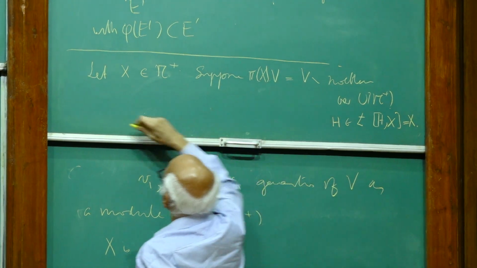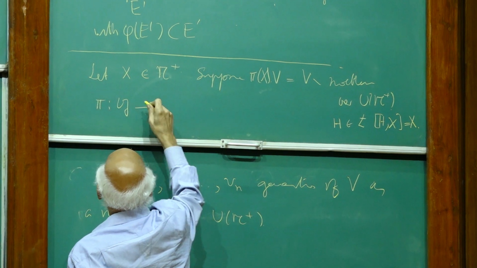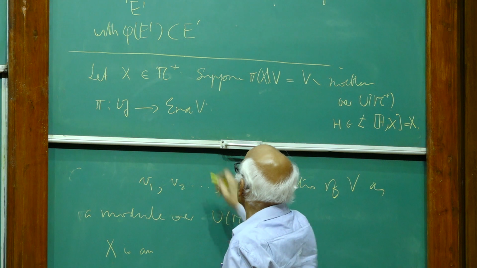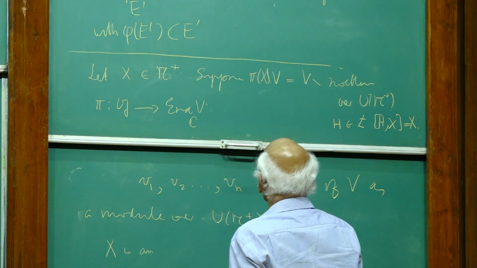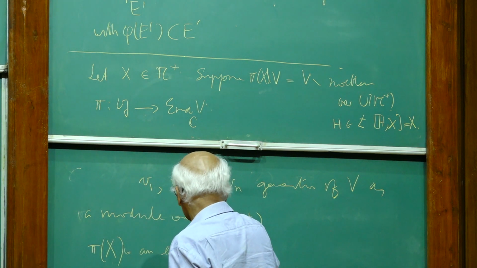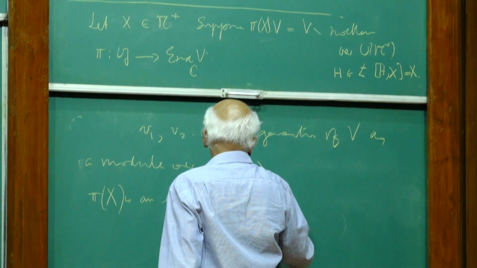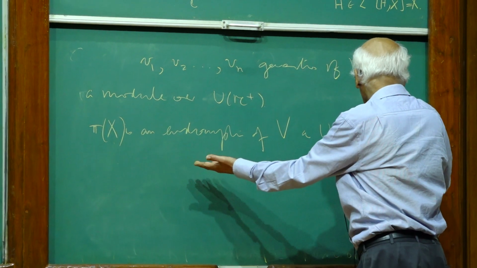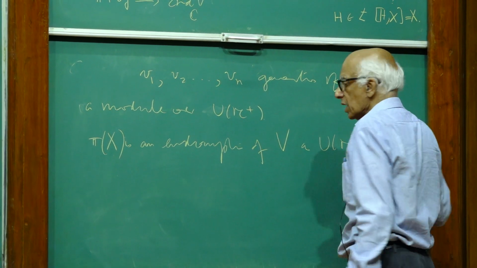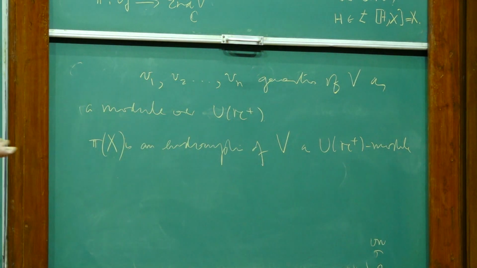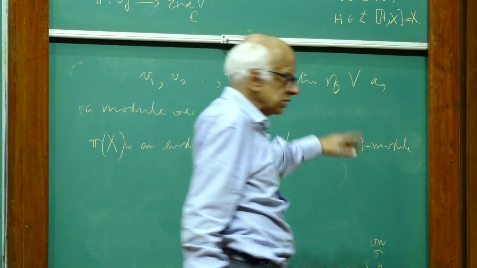Pi is the mapping from G, so pi x is an endomorphism of V as a U(n+) module. Here I am using the fact that n+ is abelian, so every element is central in U(n+). So pi x is an endomorphism of V. I am assuming pi x is surjective, it's the assumption.